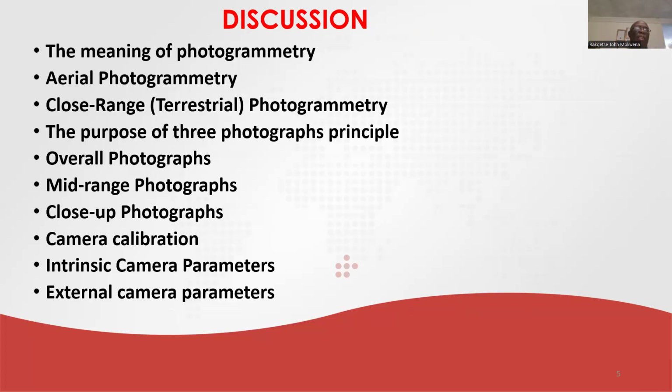The meaning of photogrammetry, as discussed in the introduction, is taking measurements from photographs using photogrammetry to document them in three dimensions.